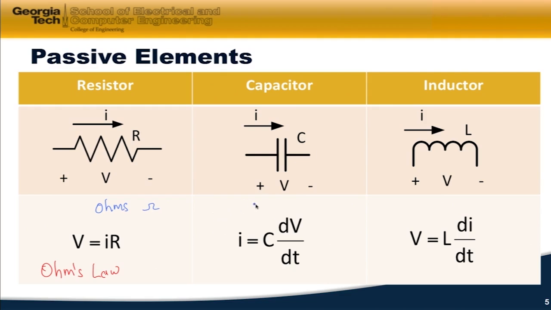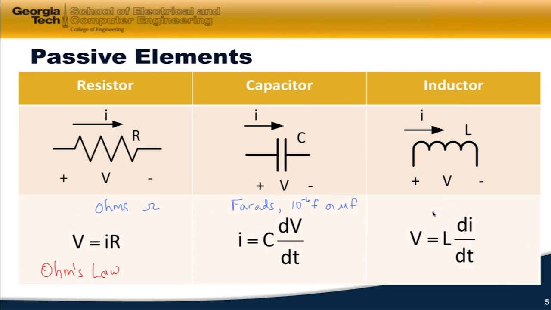The units on capacitors are farads. And usually we'll be looking at units that are in 10 to the minus 6 farads, or represented as microfarads. Those are more commonly seen.